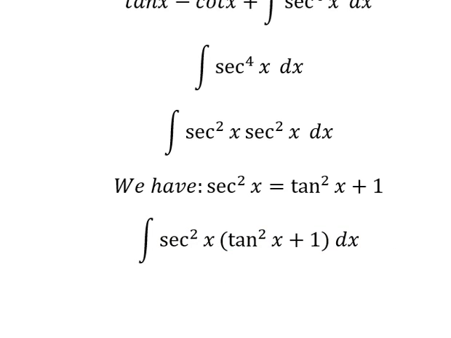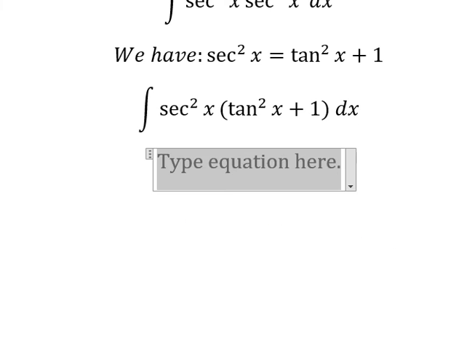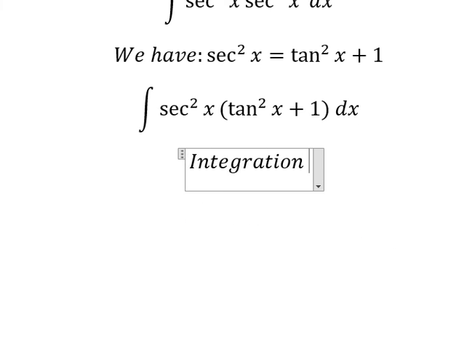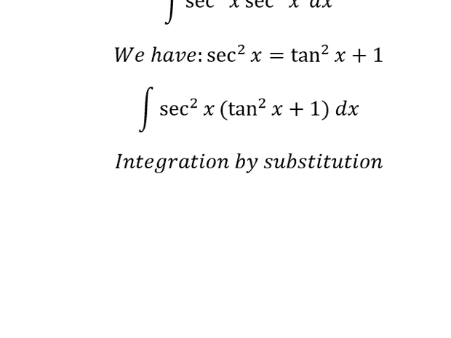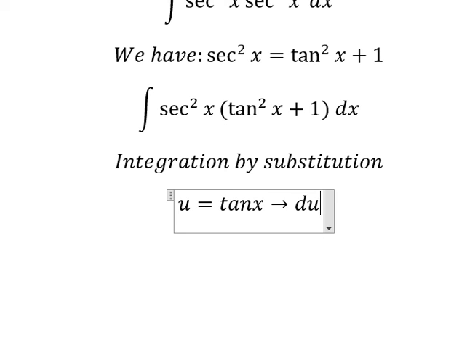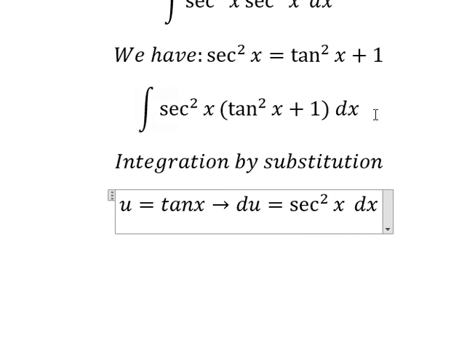And now we can use integration by substitution. So I will put u equals tan s. Later we need to take the first derivative of both sides, and we have du equals secant of s squared ds.